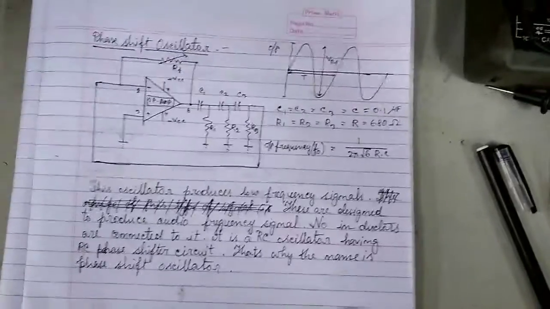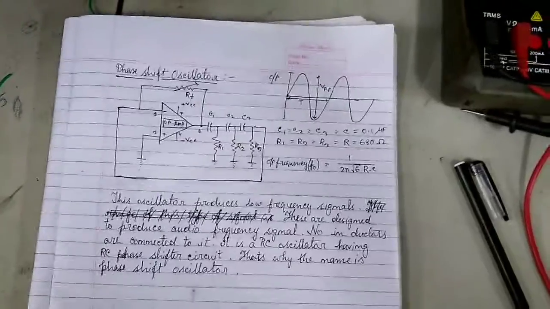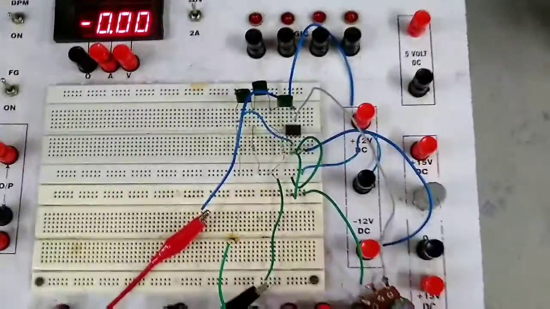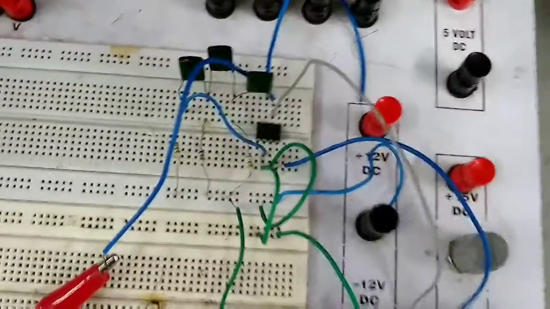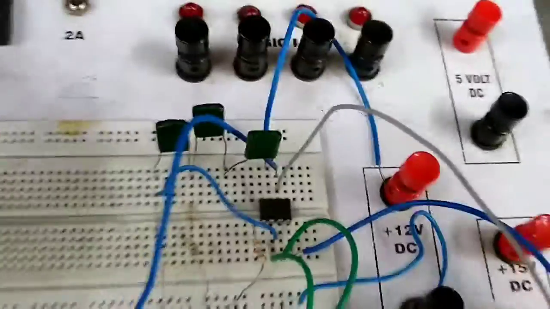Okay, now see the circuit and check the waveform. This is the circuit of the phase shift oscillator. See, these are the RC networks.